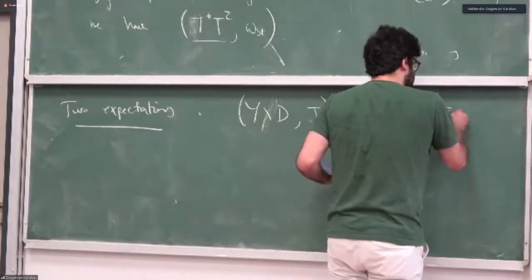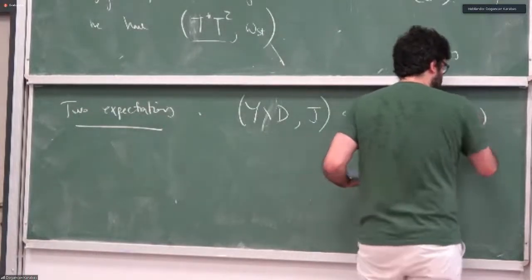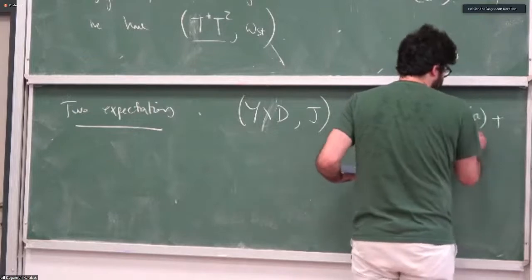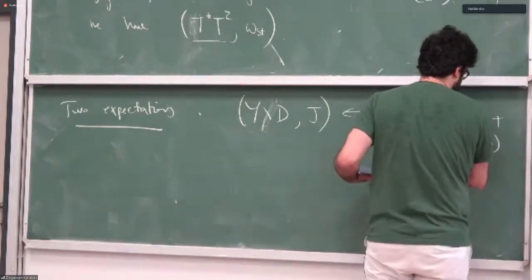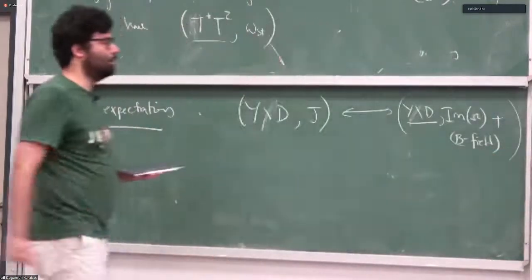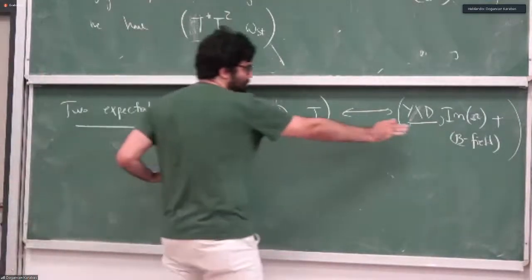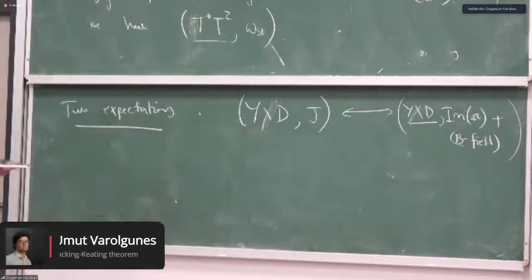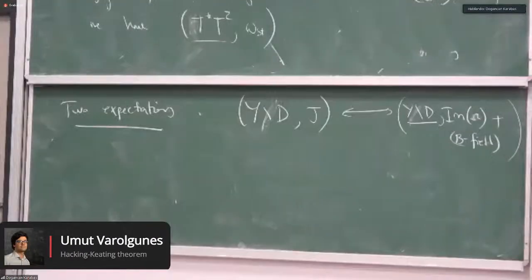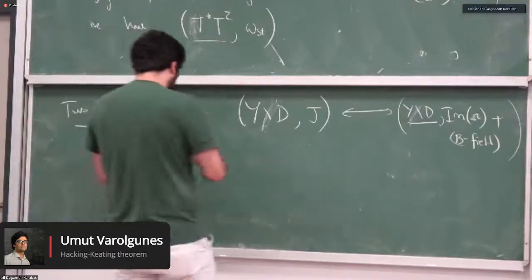And this is imaginary part of omega plus something about the B field. So this B side, complex side, should correspond to the symplectic side of the other, in this SYZ mirror symmetry.